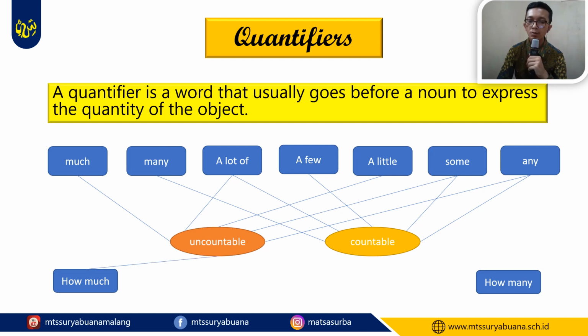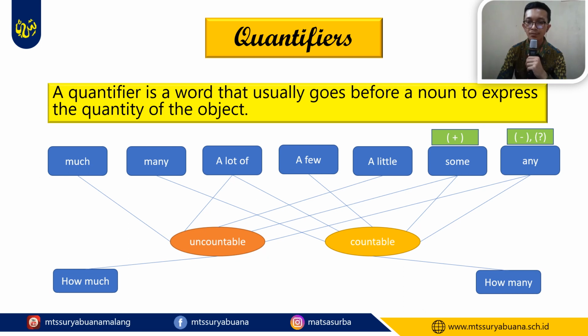How about how much and how many? How much should be followed by an uncountable noun, and how many by a countable noun. But for some, any, how much and how many, here I will focus on the type of the sentence. Some is only used in positive sentences.